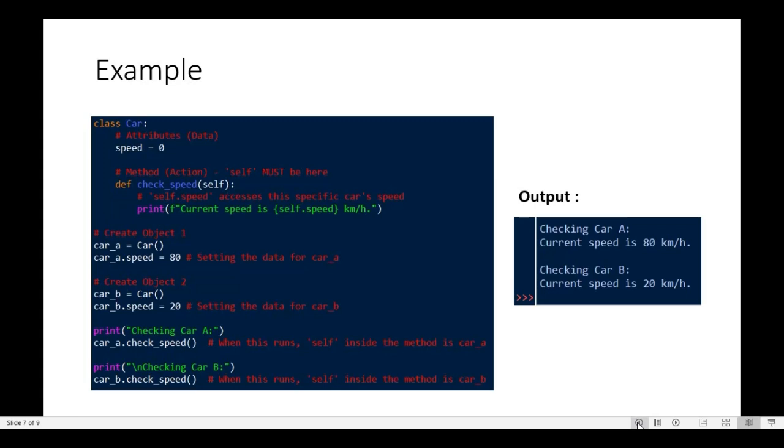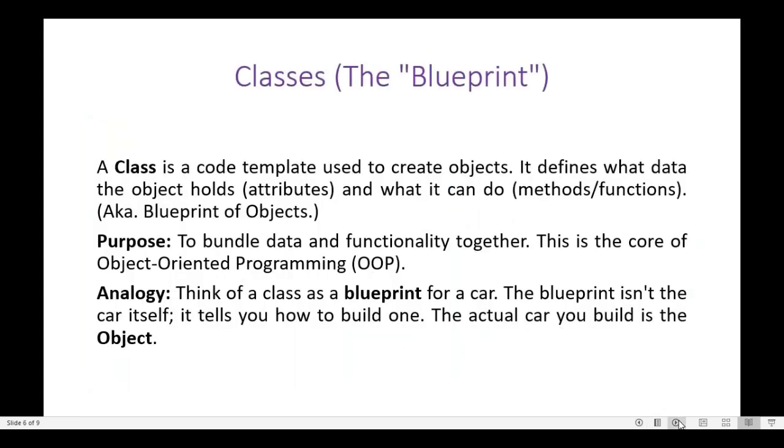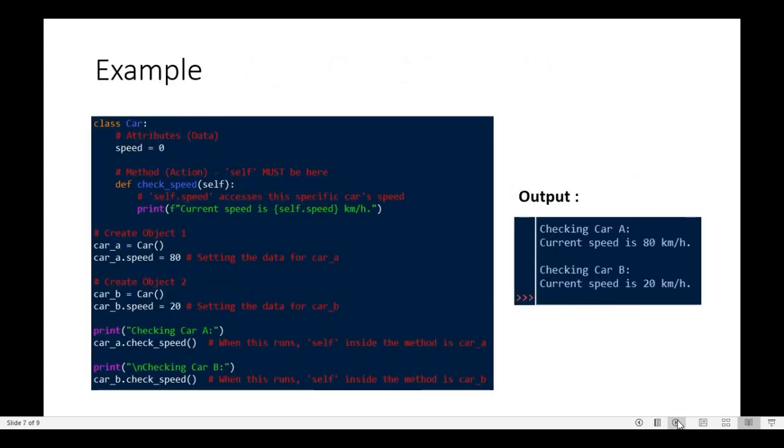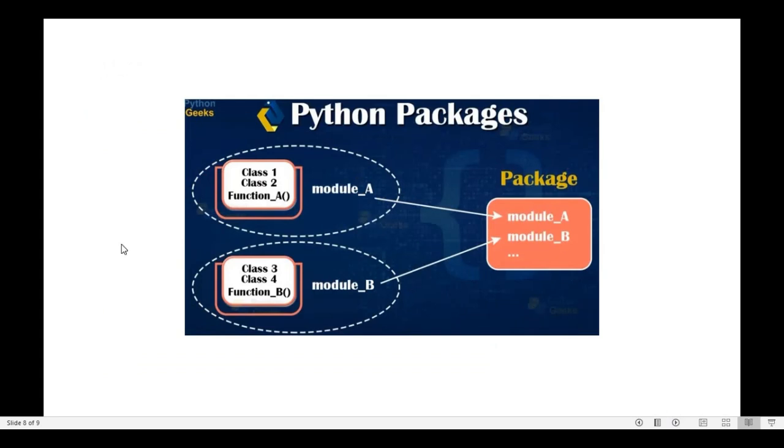We'll be learning this in more detail in the object-oriented programming principles, which is a very core CS fundamental. However, let me give you an overall idea of how packages, modules, classes, and functions are related. Let's say that a package contains modules, modules contain classes, and classes contain functions.